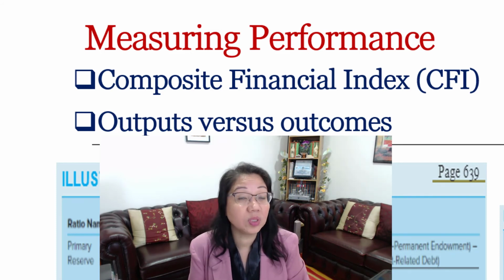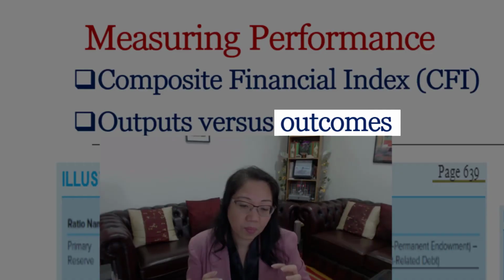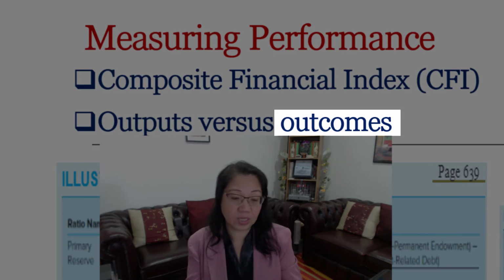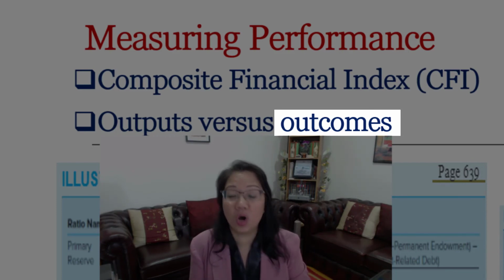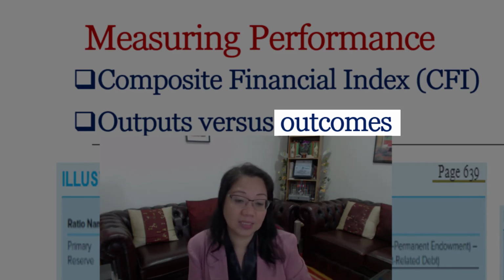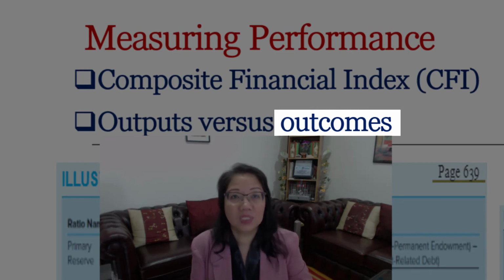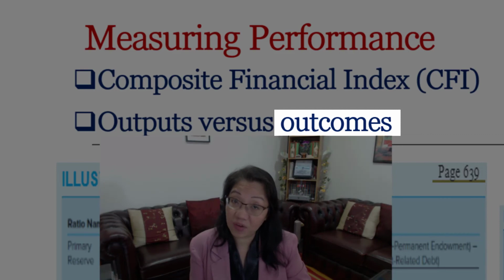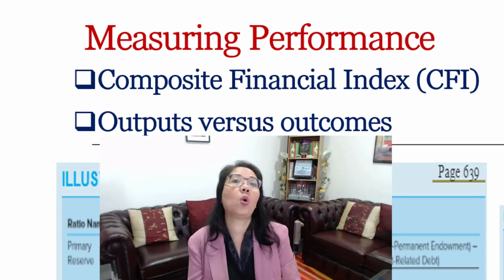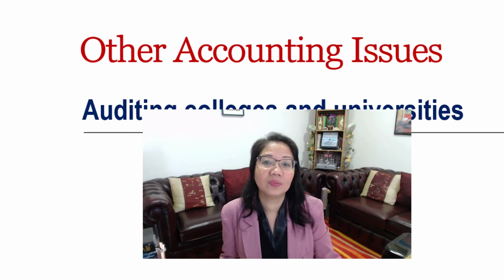So those are examples of output measures. Outcomes measure the benefits derived by the constituents. For example, performance on nationally ranked exams or such outcomes as student and employer satisfaction with the education quality of the students.